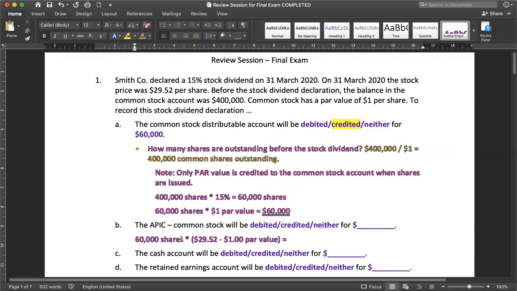So therefore, it's going to be 60,000 shares multiplied by $28.52, and that is equal to $1,711,200.